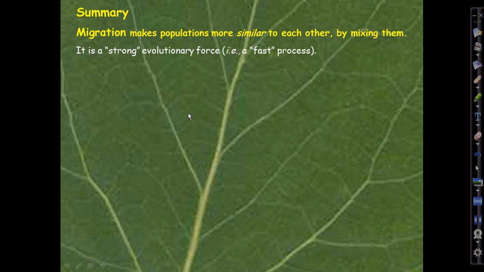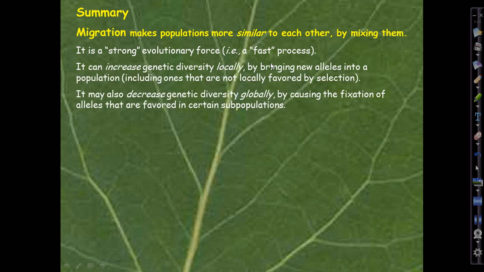Okay, so here's our summary of this great long tour through migration and drift and its interaction with selection. Migration is the process that makes populations more similar to each other by mixing them. It's a strong evolutionary force, or a fast process, in the sense that it acts quickly.